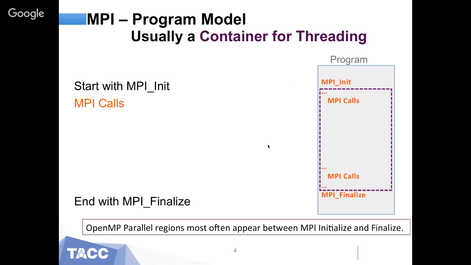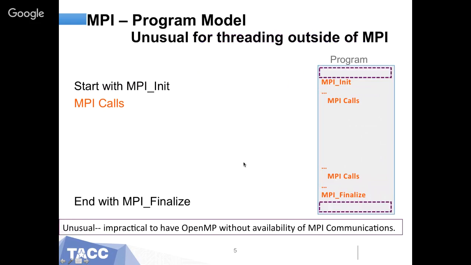And the idea is that inside this container from the init to the finalize, you'll have other MPI calls, but we can put a parallel region in there. Now you might think, well, can I do something else?